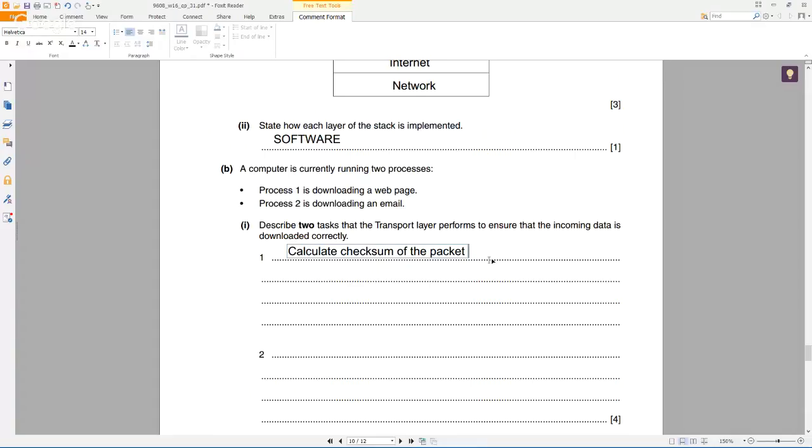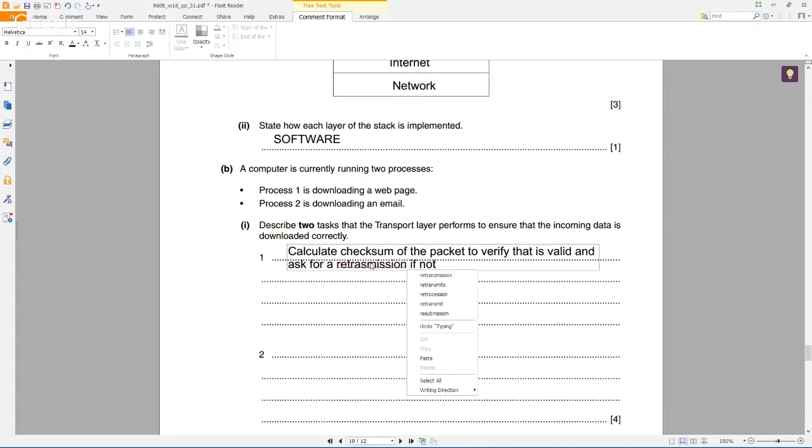That's a number calculated by using the entire packet as an input. If the checksum doesn't match at the destination, it means that the packet has been changed during transmission, by noise or by a malicious user, for example. So calculate the checksum of the packet to verify that it is valid, and ask for a retransmission if not. If the packet is not valid, we ask the source to resend the packet.